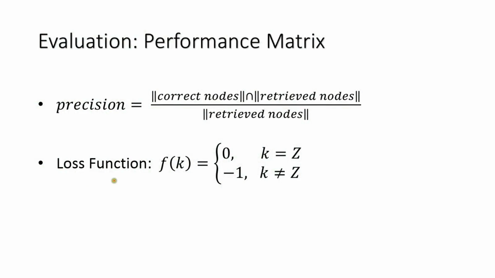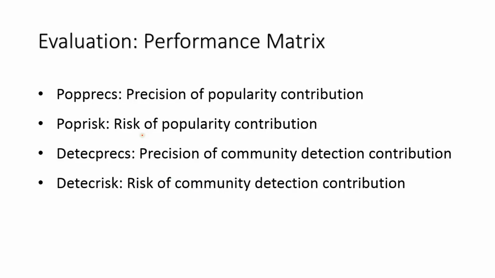So here is the loss function. If it's wrong, if it's not the ground truth, then we will treat the result as a risk. So the more negative the risk is, the more risk it will introduce in the further community detection work.